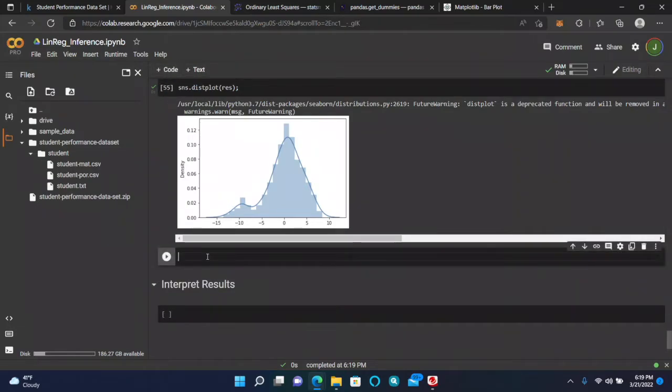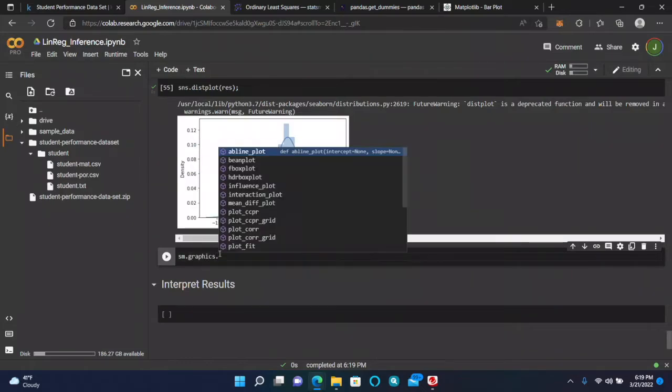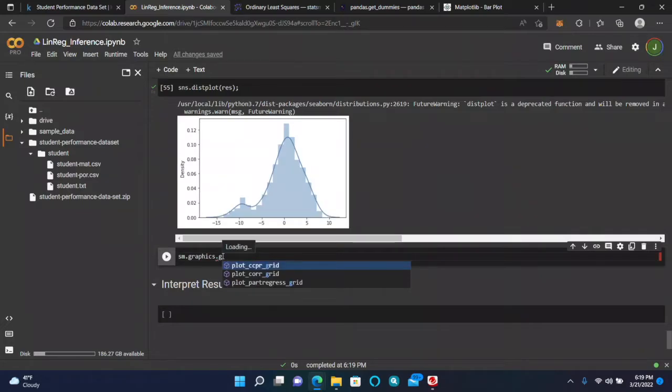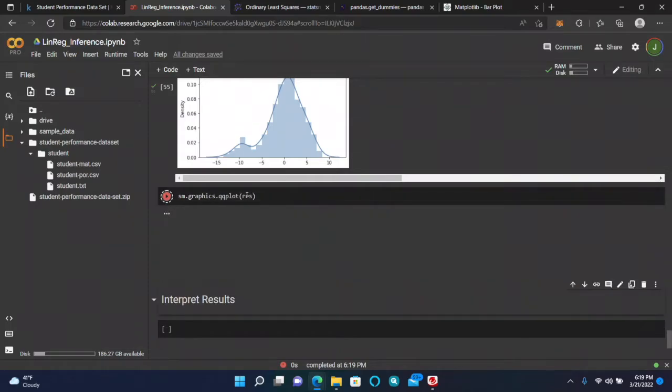Let's see if I can remember how to make a QQ plot first. So I'm pretty sure that it is statsmodels.graphics dot, let's see. Is this it? That ain't it. How about this?